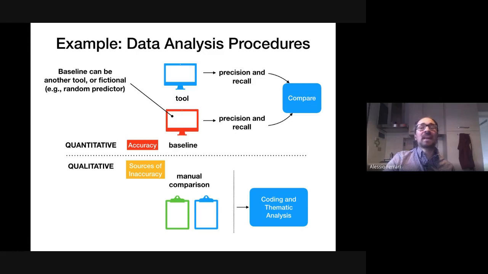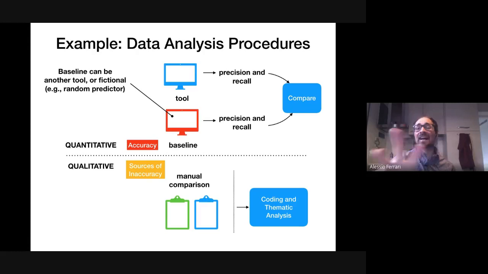It doesn't mean anything if you don't compare it with a so-called baseline. The baseline can be another tool or a fictional tool, like a random predictor, or a tool that simply says every requirement is defective, so that the analyst has to check all the requirements. So you need to show that to a certain extent your tool is better according to the measures.